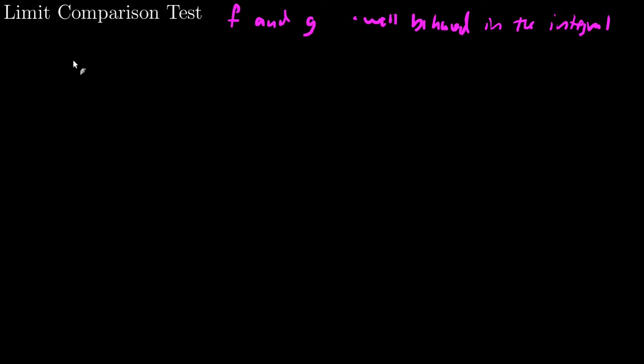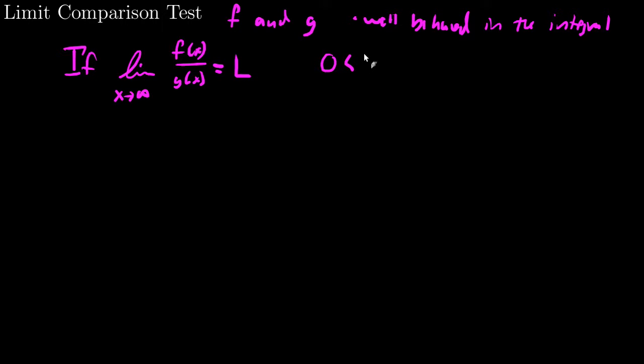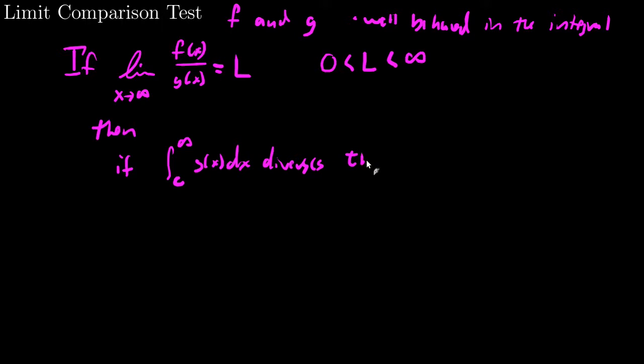So as long as the limit as x approaches infinity of f of x over g of x is equal to some finite positive number, so 0 less than L less than infinity, meaning they grow at the same rate, as we talk about growth rates, then if the integral from, I'll say, some positive value c to infinity of g of x dx diverges, then the integral from c to infinity of f of x dx also diverges.